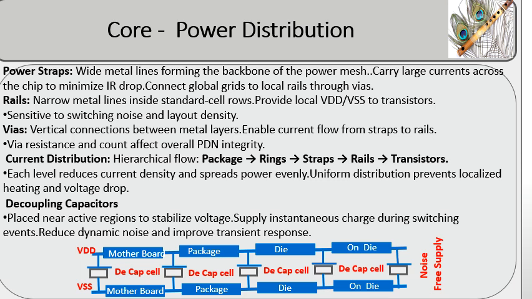Vias interconnect the metal layers, allowing current to flow efficiently between the different levels of the power network. Decoupling capacitors, placed close to active circuits, supply instantaneous current during switching and reduce supply voltage fluctuations. This hierarchical current distribution minimizes IR drop, balances current density, and prevents localized heating.